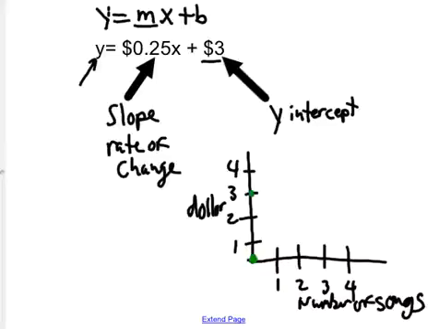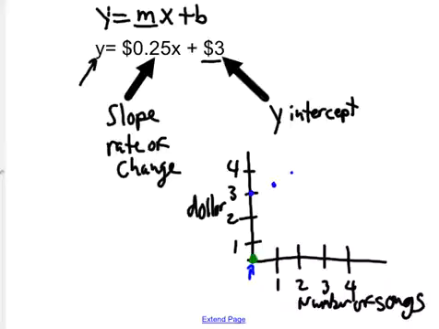Now if I buy one song, it's going to cost me $3.25, which, let me do this in a different color, I'm not going to start off where I put this green point, but where I put this blue point. One song would be $3.25, which would be about there.